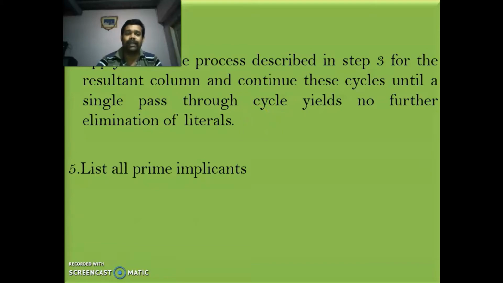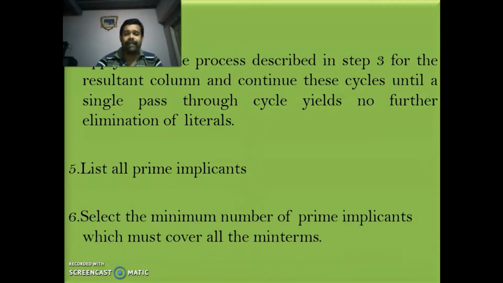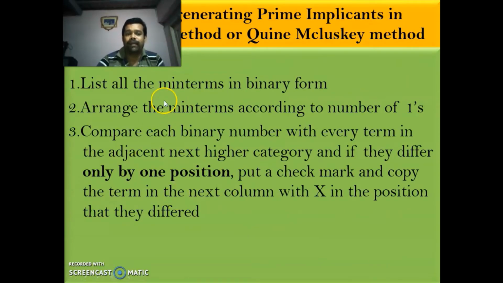Next we have to list all the prime implicants, and finally we have to select the minimum number of prime implicants which must cover all the minterms. While doing the problem, we will clearly understand the steps. So the first thing is we have to list all the minterms in binary form. Then we arrange the minterms according to the number of ones.